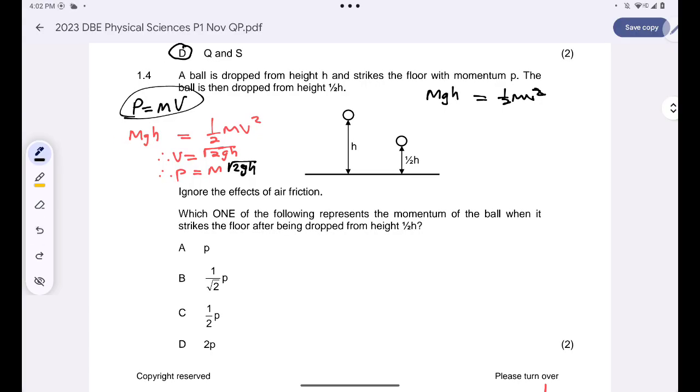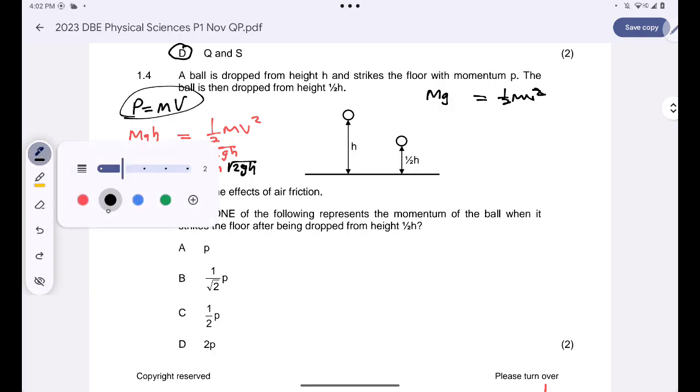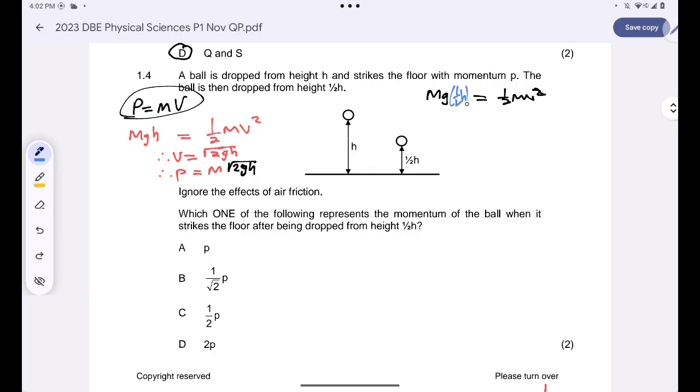So in this case, we can still calculate the velocity. Remember that the height now is no longer h, but the height is 1 over 2 h. So whenever you calculate, you'll find that v is equal to the square root of gh. So therefore the momentum will be mass multiplied by the velocity.